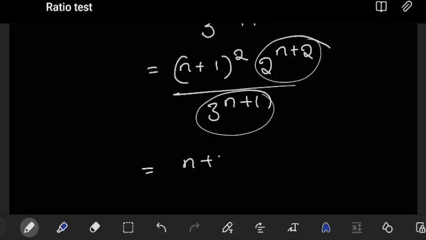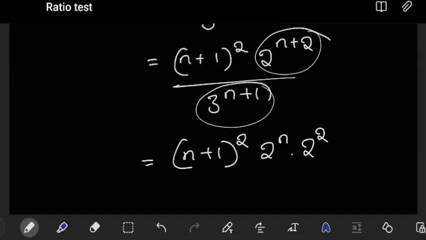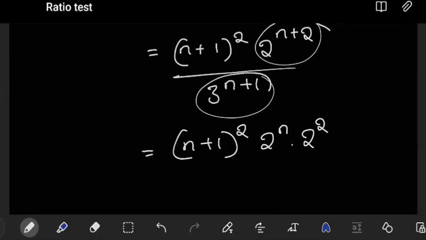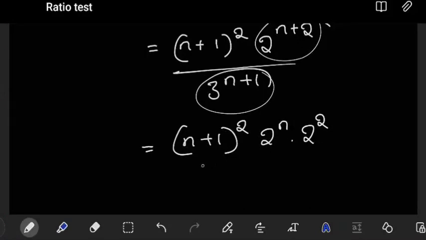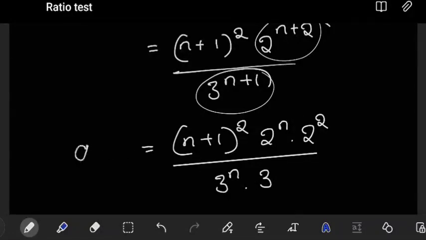This is n plus 1 to the power 2, and then this becomes 2 power n multiplying 2 power 2 there. Of course, common base, so we added the powers there. Of course, that can be taken as a 4. We'll leave it like that for now. Divided by 3 power n multiplying just 3 there. So this is our a sub n plus 1.